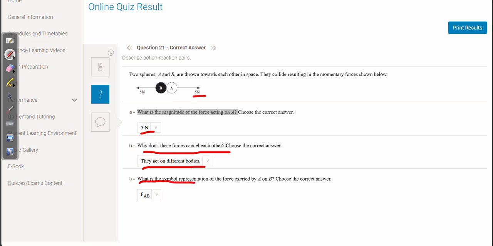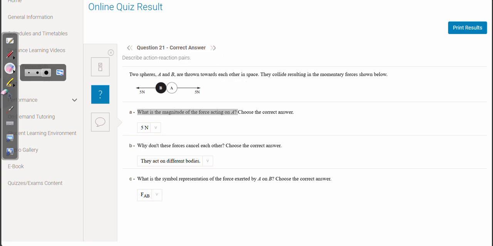What is the symbol representation of the force exerted by A on B? So how do you write this, just in case you don't get confused? A on B, so A is first, so F A on B, A is first, and then you write B. So you take the first, put it first, and B second, you put it second. So F A on B, AB, F A B.